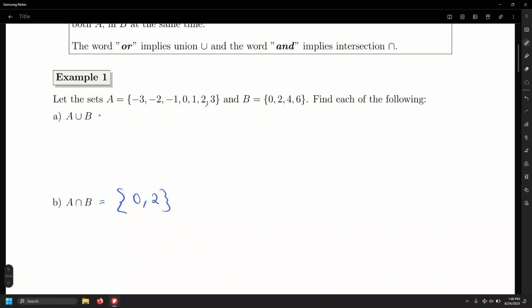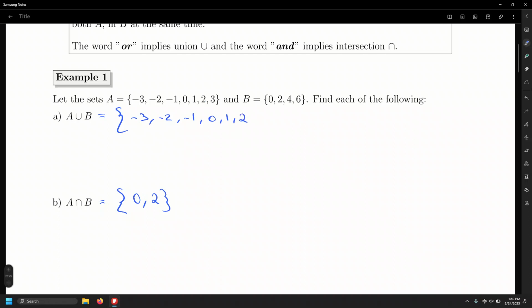Now, let's look at the union though. For the union, I'm simply going to write all the numbers that I see in both sets A and B, however, without repeating any instances of them. So for example, -3, it's either here or in both, it doesn't matter, write it down. -2, -1, 0, 1, 2.